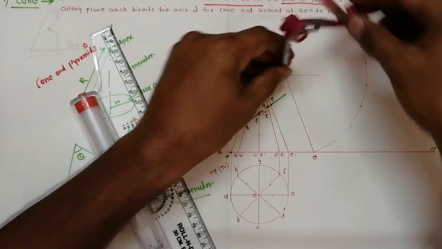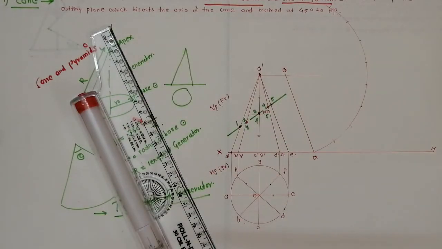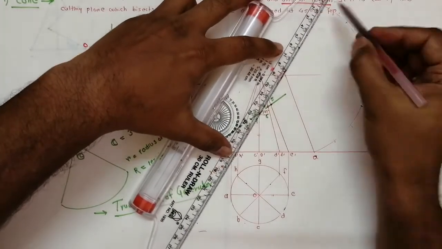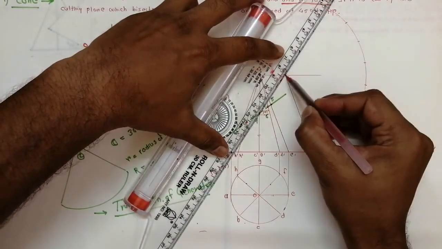Now join these 8 divisions. So it is coming something like this.